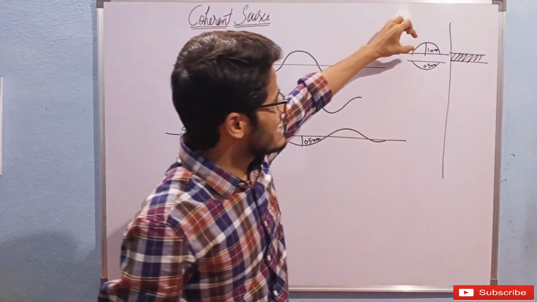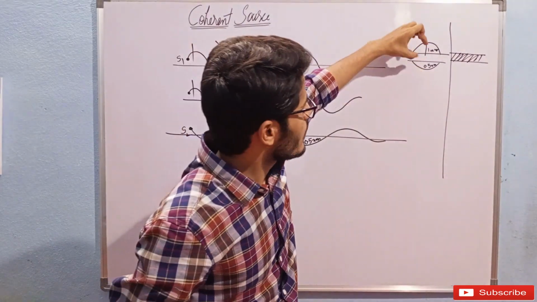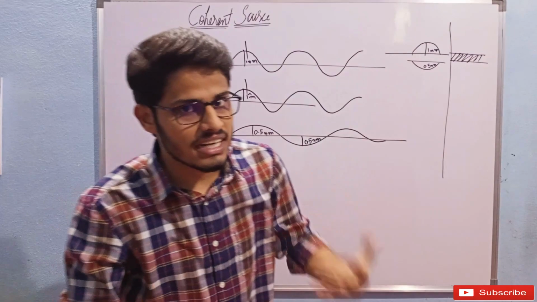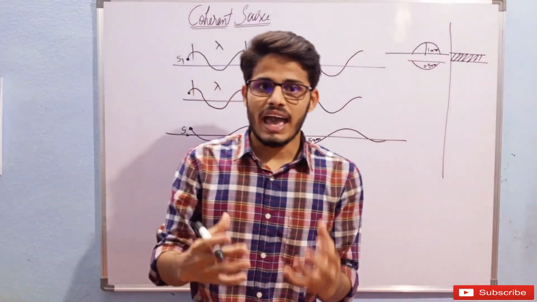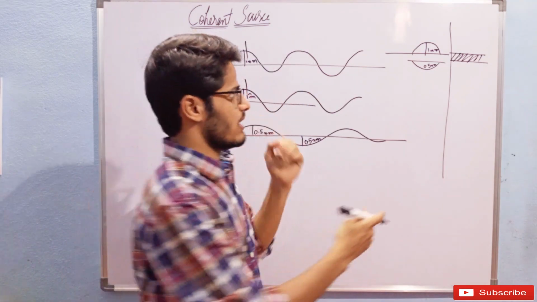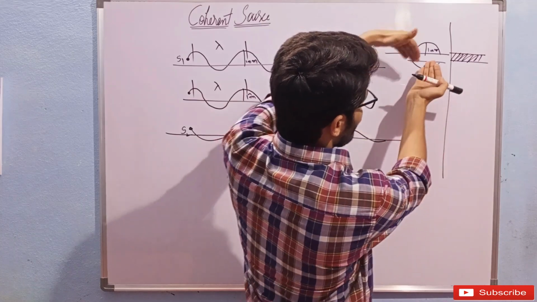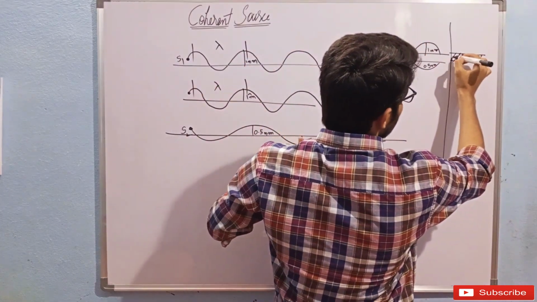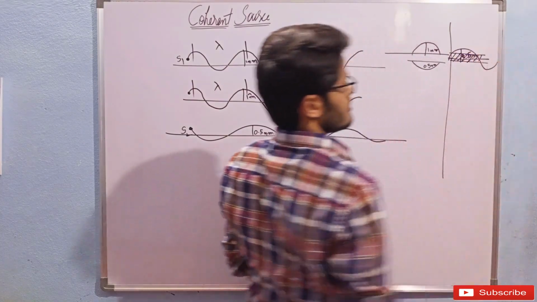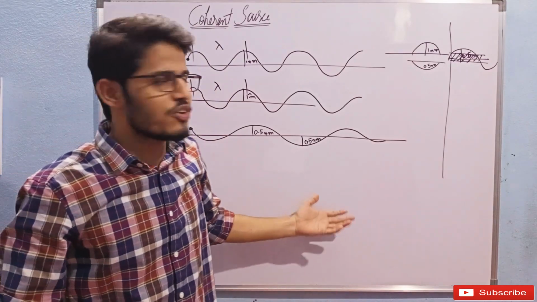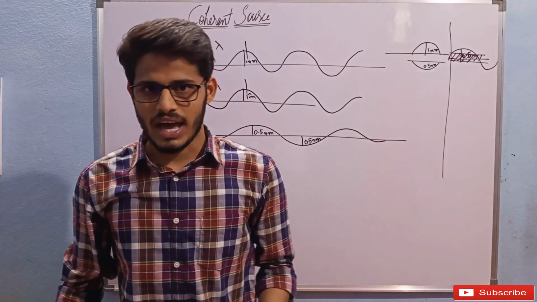Because it is half here and one there. We have studied the principle of superposition, so we add the vectors: here you have 1 and here you have 0.5. So it won't cancel out. At the end of the day, we will have a wave with 0.5 nanometer amplitude. That's why a coherent source is important to have the interference pattern.